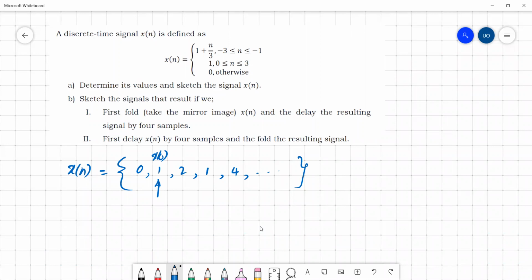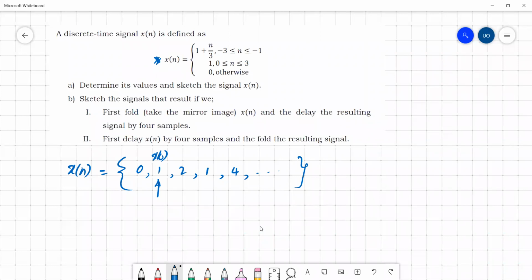The other way is to use a mathematical form to introduce the discrete signal. This is an example for that. Now this xn is defined in a mathematical form. In the first section, they asked to determine its values and sketch the signal xn.